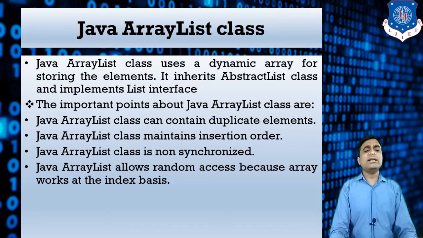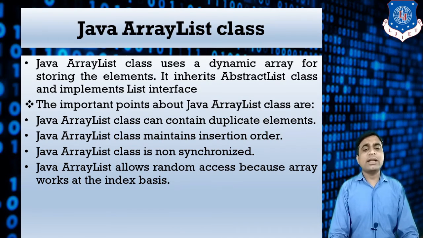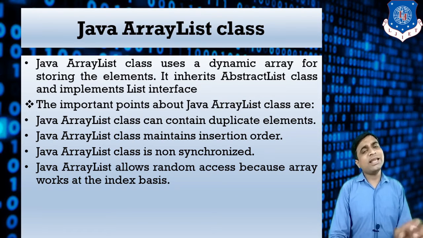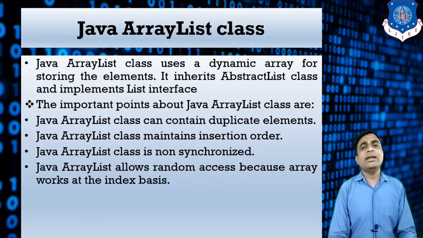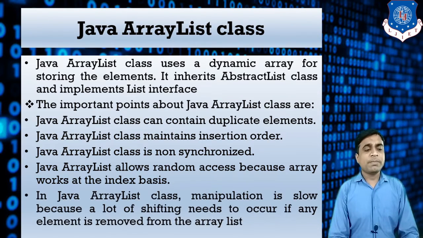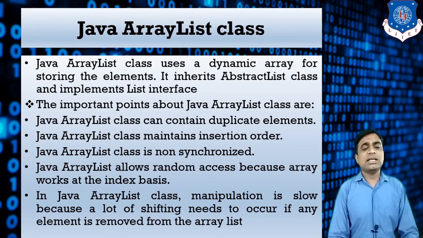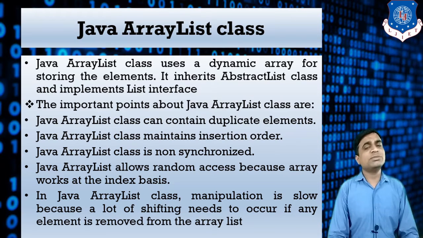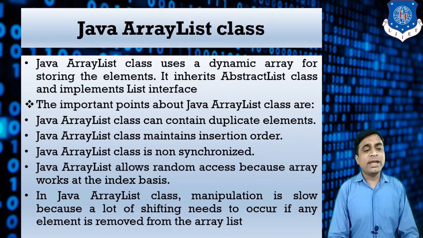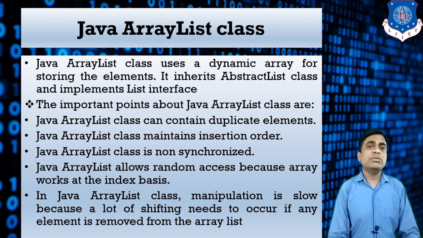Java array list allows random access because the array works on an index basis. You can access the data at any random index because an array works on an index basis. And the last one is that Java array list class manipulation is slow because a lot of shifting needs to occur if any element is removed from the array.